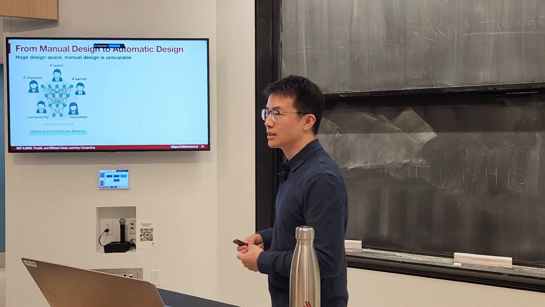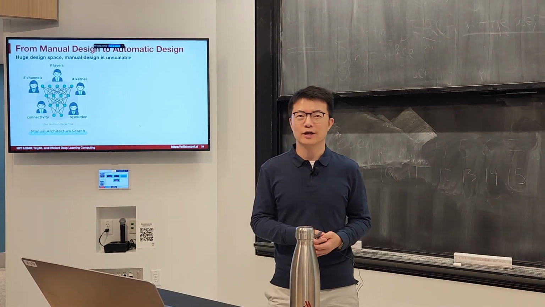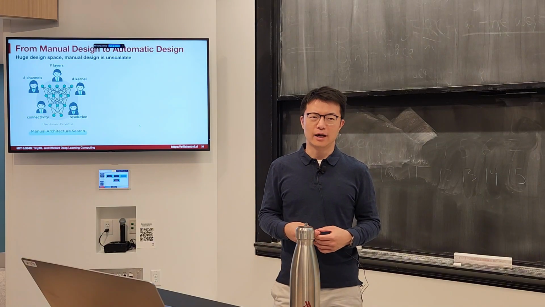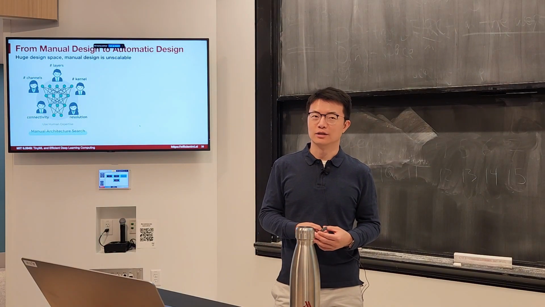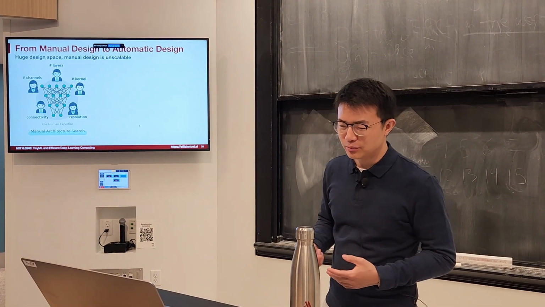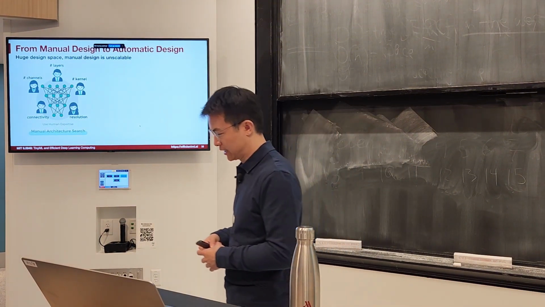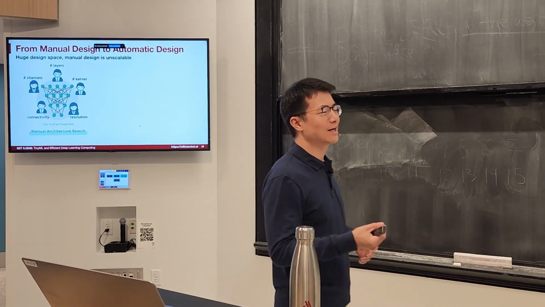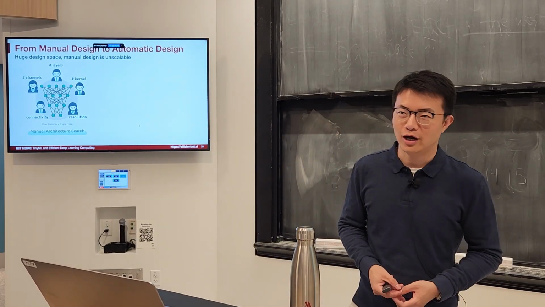And we want to choose the number of channels, starting with 3, and then gradually add more channels, reducing the resolution, adding the channel. There is a lot of black magic in manual architecture search. And usually it's very hard to get a model exactly fitting the demand of the hardware.